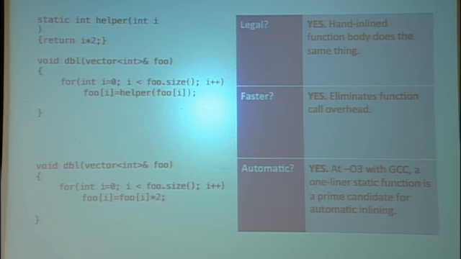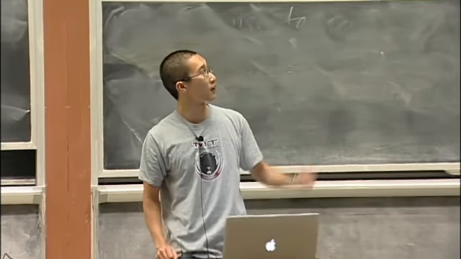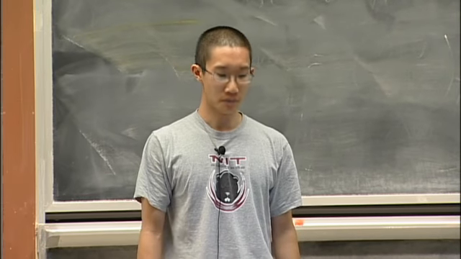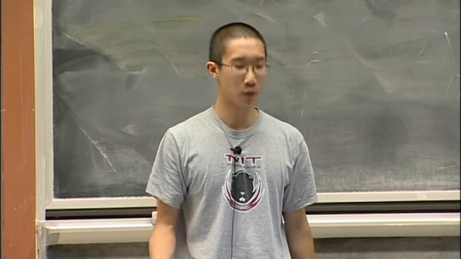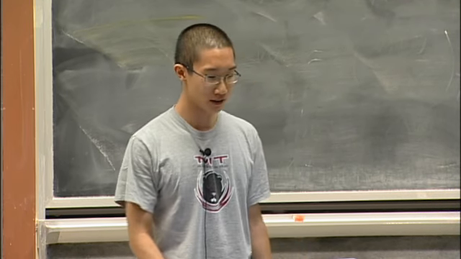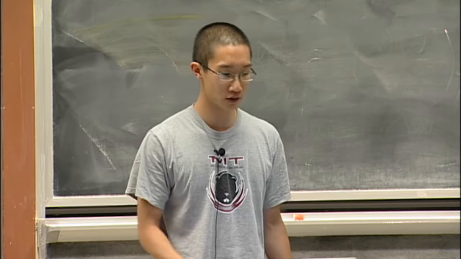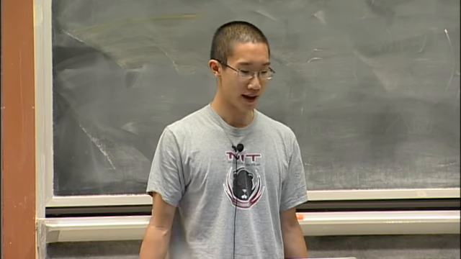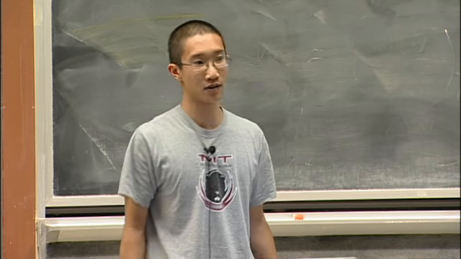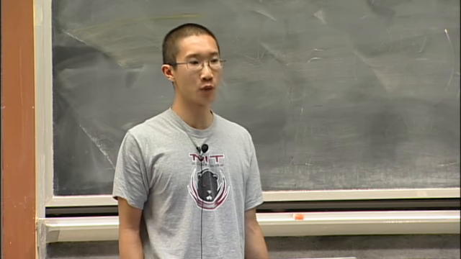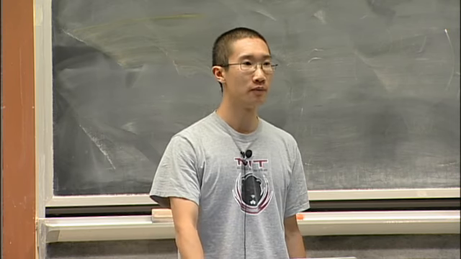The specific heuristics vary from compiler to compiler, but for this problem, it's a prime candidate for inlining because it's declared static, which means it's local to this C file, and it does a very simple task, a one-liner, so it almost certainly will be inlined.